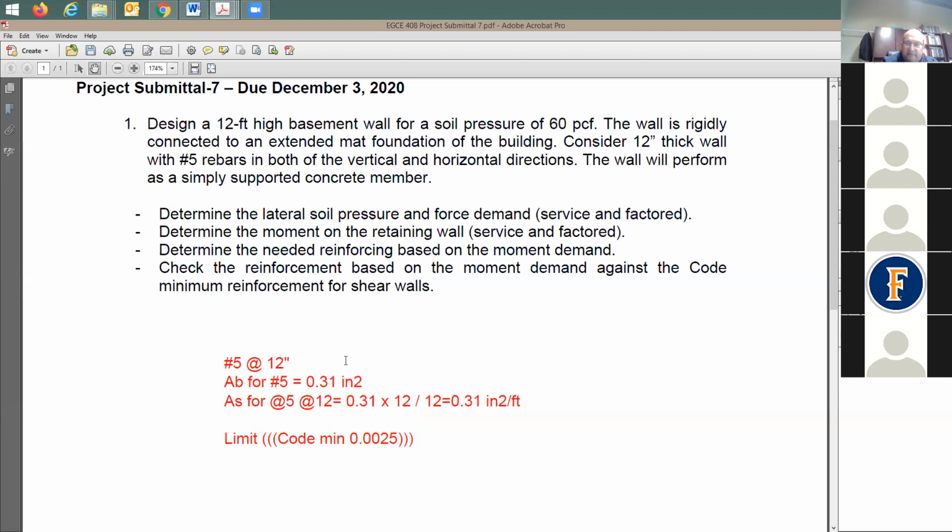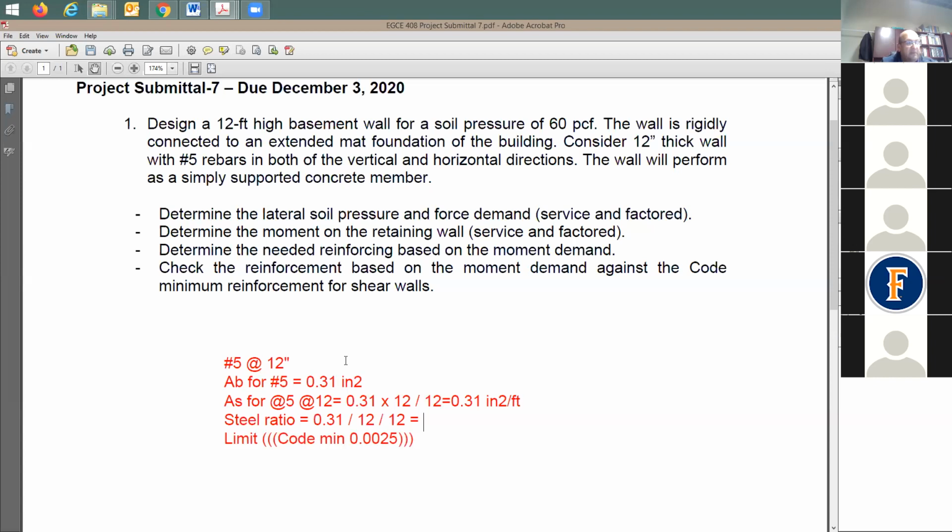This is just the As, the amount of reinforcement. How about the steel ratio? The steel ratio is equal to the amount of As that I have provided, divided by the wall thickness, divided by a strip, which is equal to 12 inches.